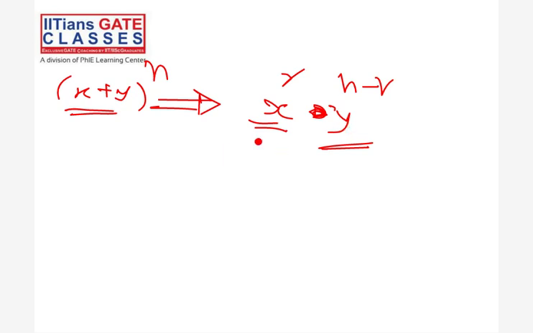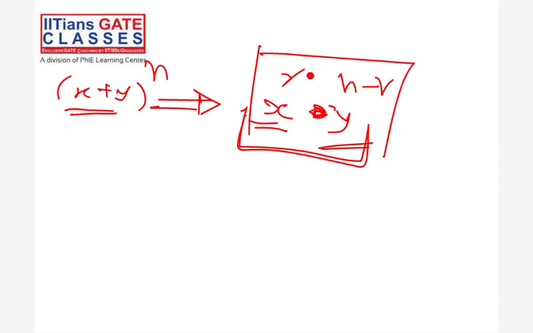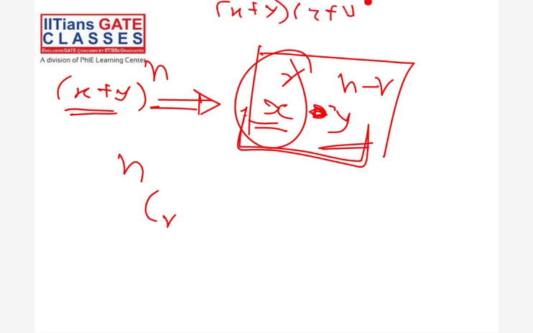Now let's see how many of these terms are possible. So how are these types of terms possible? They are possible if we choose r pairs. So we have these x plus y pairs.